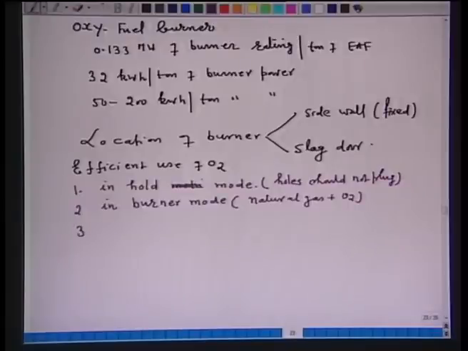Third, in soft launching mode. In soft launching mode means if I want to carry out post combustion, as I have said, at low speed, so this will be when I require post combustion.